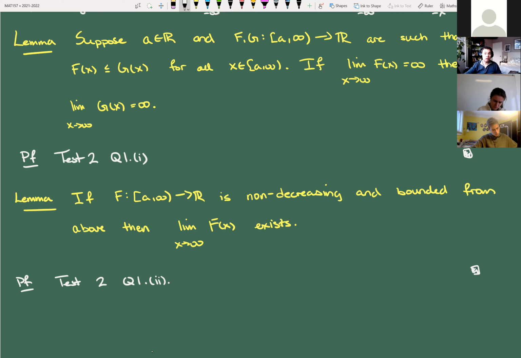It's called the monotone convergence theorem. Okay, so it is worth reproving this. The proof is, again, almost identical. Yeah, so it's worth proving if you have time. And this is almost exactly how these things were stated, except I use capital F's and capital G's here instead of lowercase f's and lowercase g's. Okay, but you've already proved all these, right? You did that in test 2.